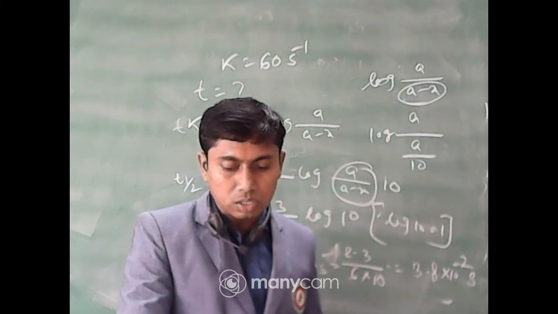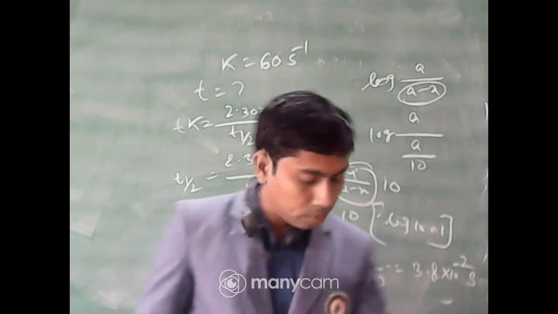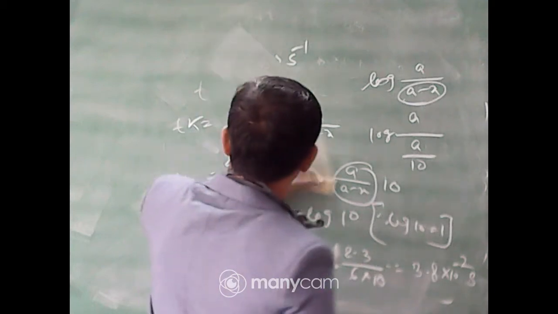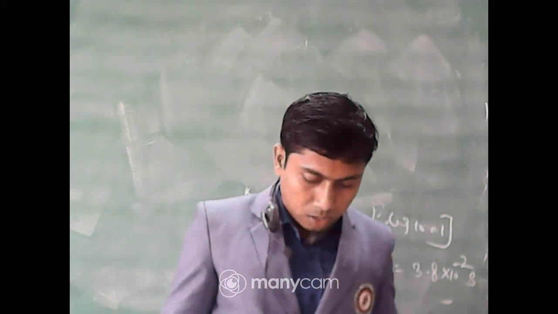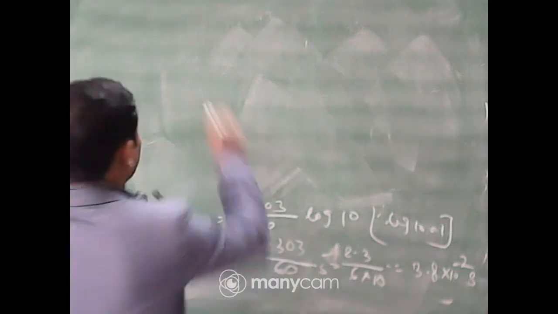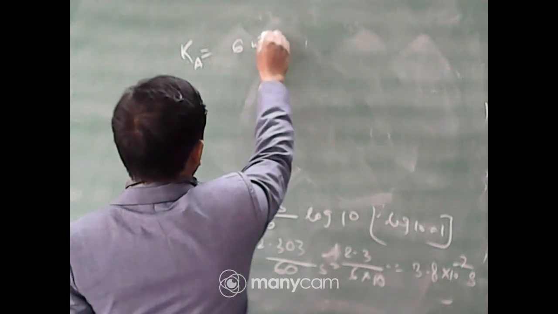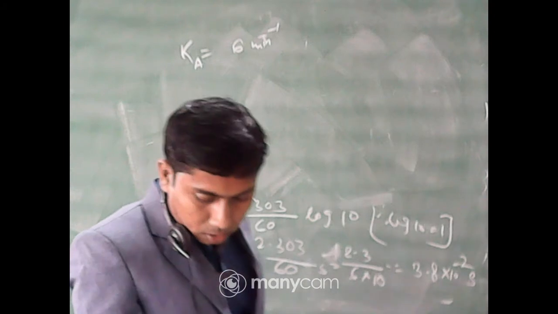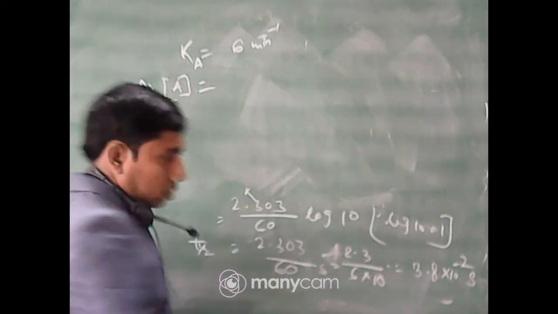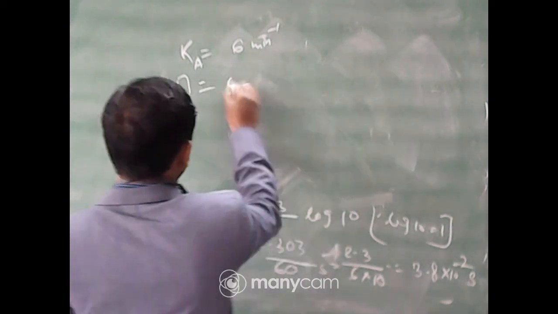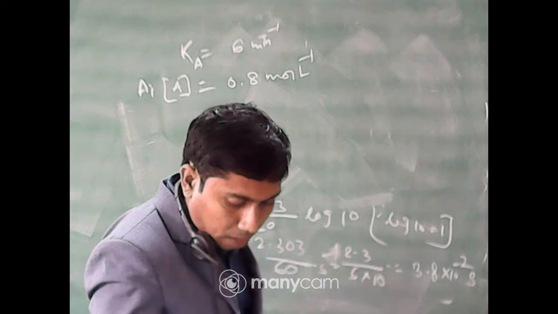If we start with the concentration of A, that is 0.8 mole liter inverse, when would the concentration of A reach the value of 0.08 mole liter inverse? So the rate constant K with respect to A is 6 minute inverse, and the initial concentration of A is 0.8 mole liter inverse.